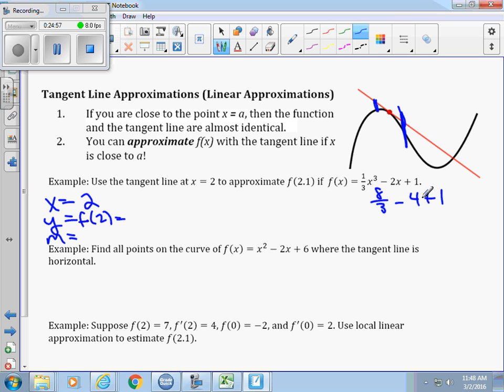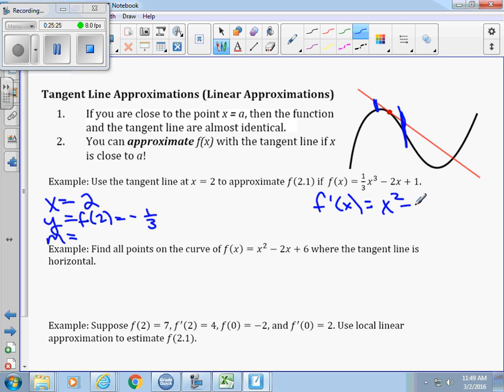So 8/3 minus 12/3 is negative 4/3, plus 1 is negative 1/3. How do you find m? Slope of a tangent line. Derivative. Ah, the derivative.